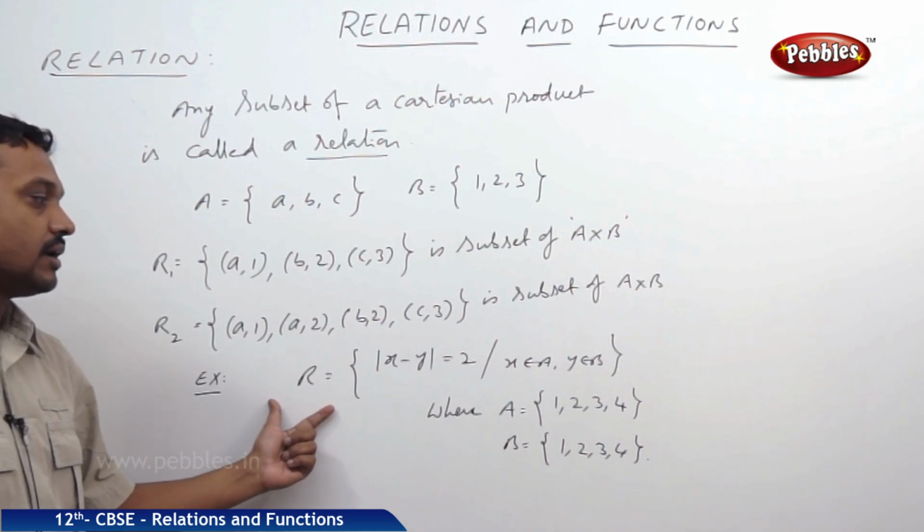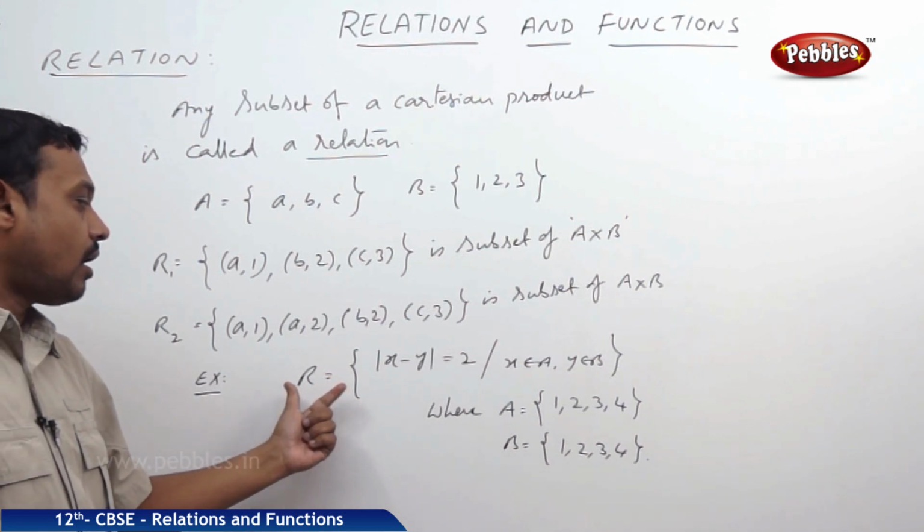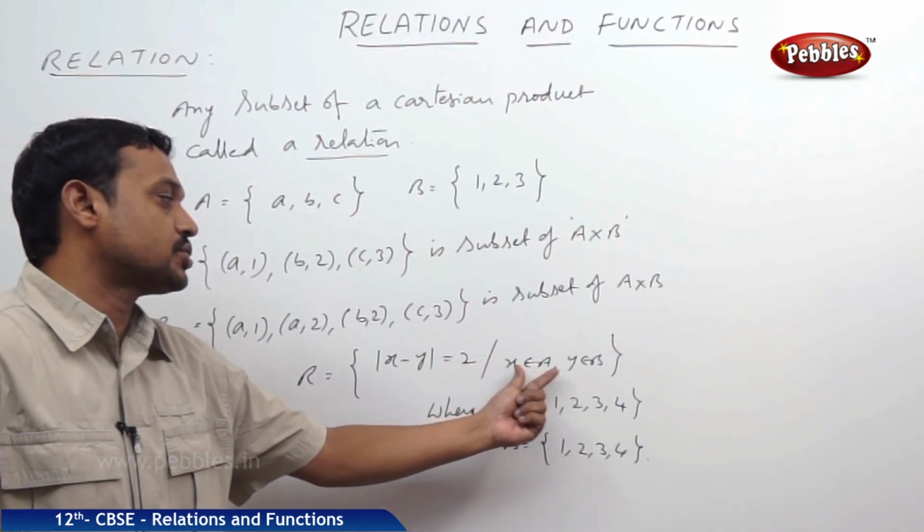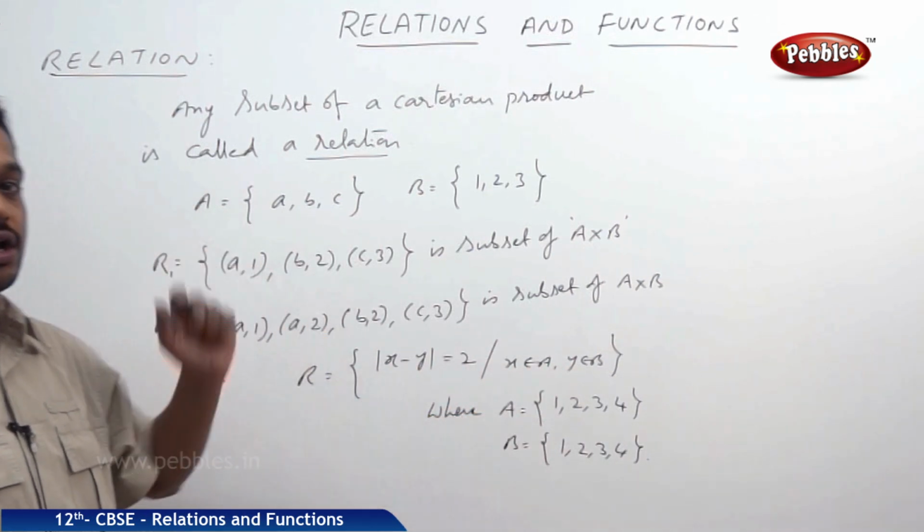Now, let us check whether this R, modulus of x minus y equals 2 such that x belongs to A, y belongs to B, is a relation or not.